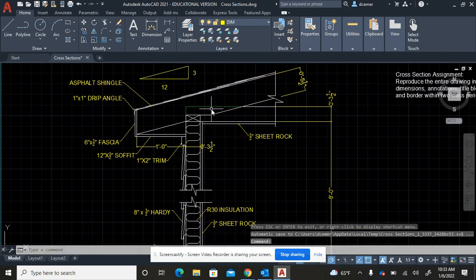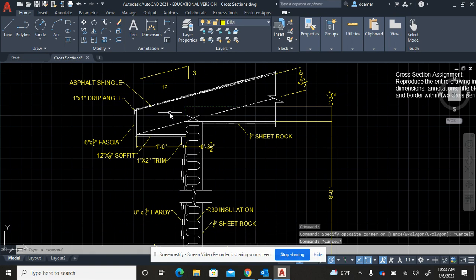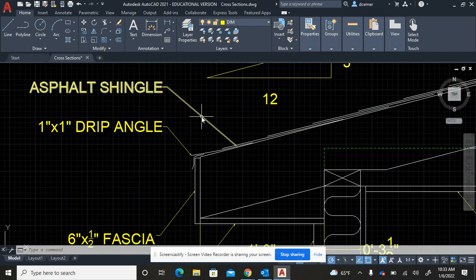And please pay special attention to this hidden line right here because it's easy to overlook. You actually have part of a 2x4 that's back there behind the rafter. All right. So another thing to pay careful attention to is the way these asphalt shingles are drawn.